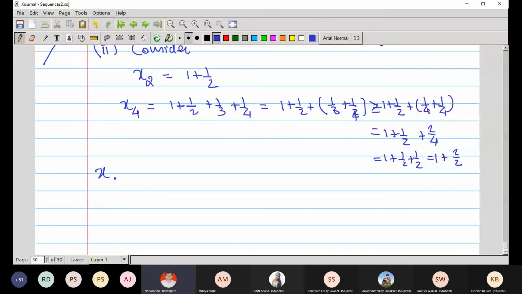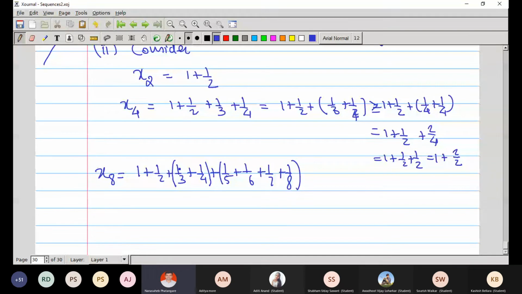Right. Now look at x8. 1 plus 1 by 2 plus 1 by 3 plus 1 by 4, plus 1 by 5 plus 1 by 6 plus 1 by 7 plus 1 by 8. Now I will group in this way, 1 by 3 and 1 by 4.